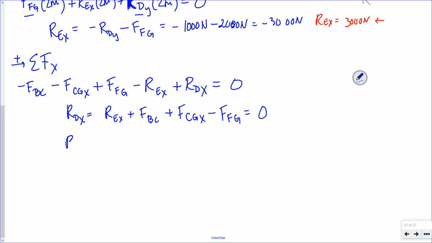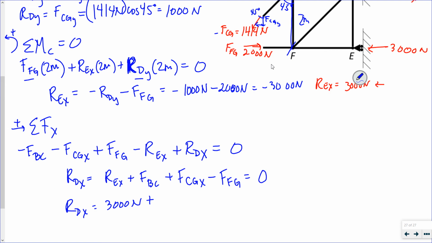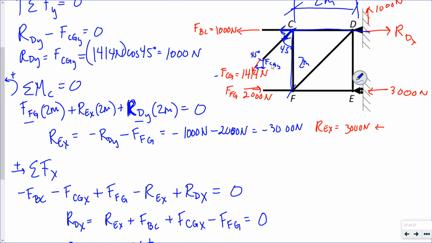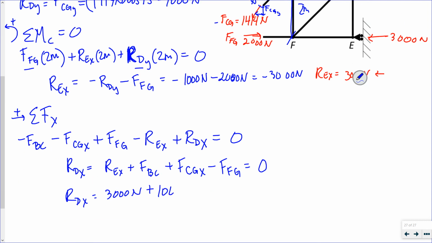So let's see, RDx is 3,000 newtons. That's my REx. My FBC, which is 1,000 newtons.